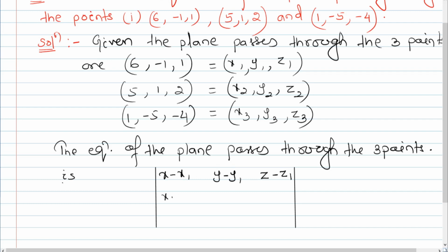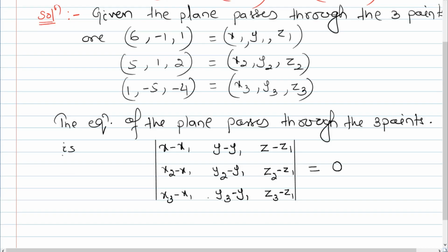Then second row is x2 minus x1, y2 minus y1 and z2 minus z1. And third row is x3 minus x1, y3 minus y1 and z3 minus z1. Okay, this one is equal to 0. So this is the equation of the plane passes through the 3 points x1, y1, z1, x2, y2, z2 and x3, y3, z3. So already now you can replace these values.